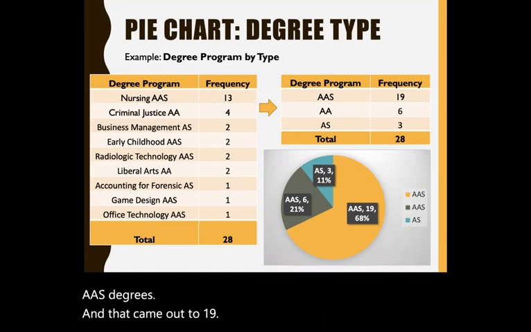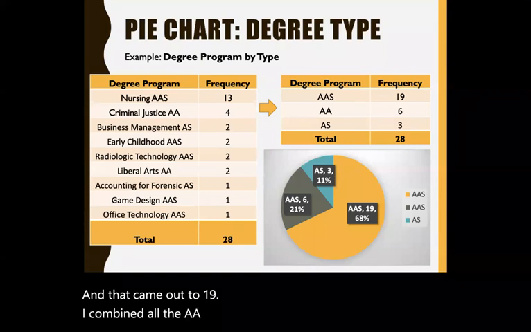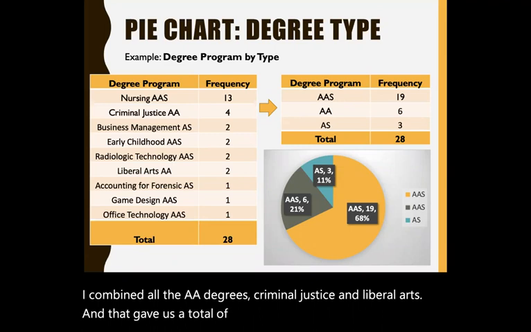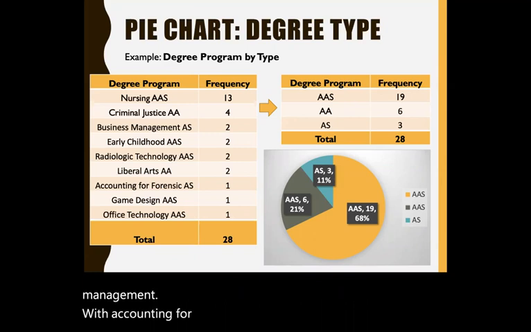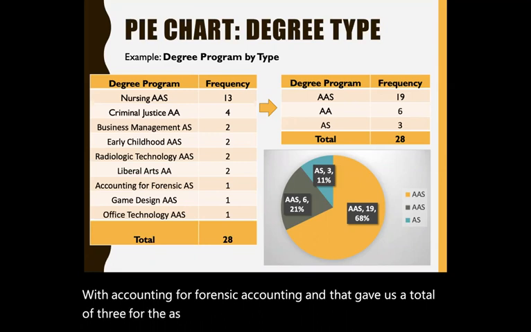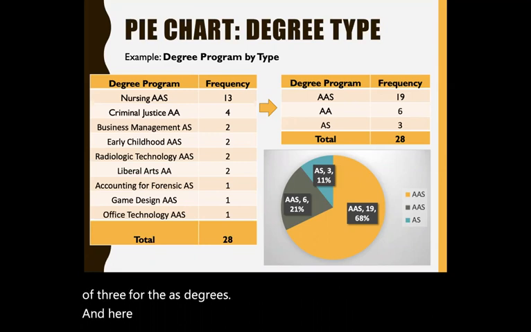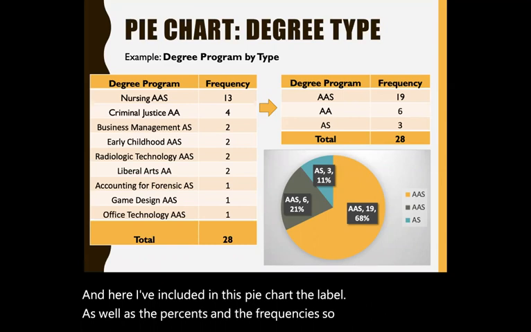I combined all the AA degrees, criminal justice and liberal arts, and that gave us a total of 6 AA degrees. And I combined business management with accounting for forensic accounting, and that gave us a total of 3 for the AS degrees. And here I've included in this pie chart the label, as well as the percents and the frequencies. So you could see all of that information in this pie chart.